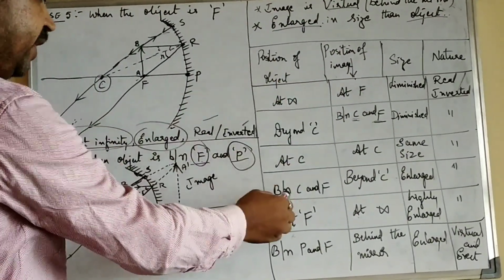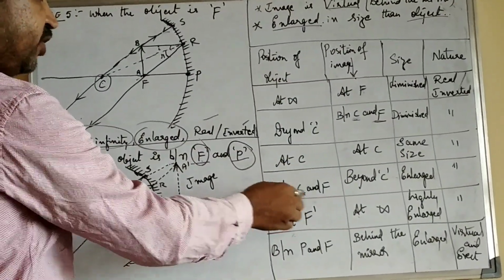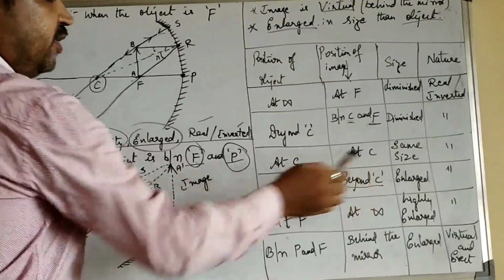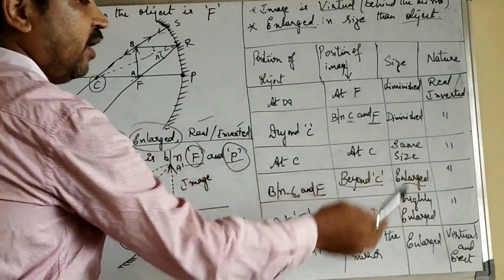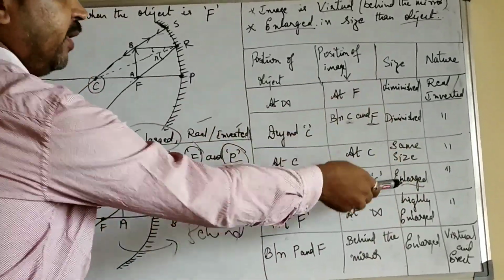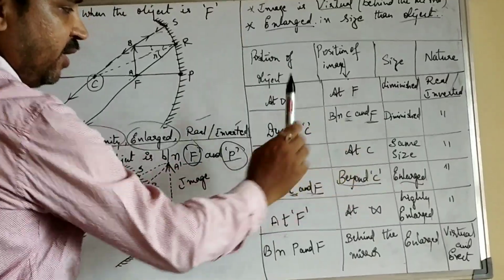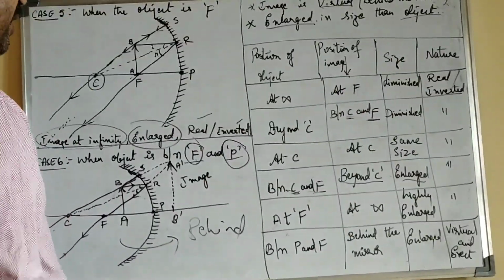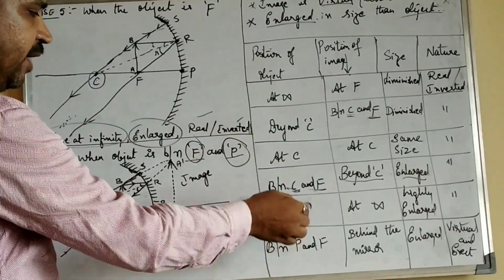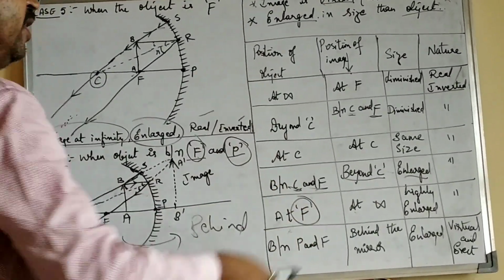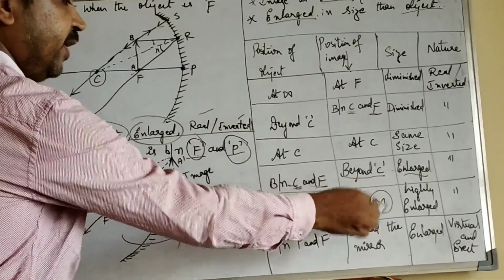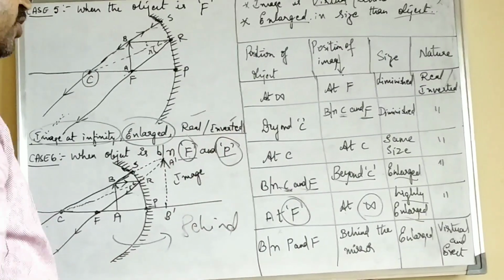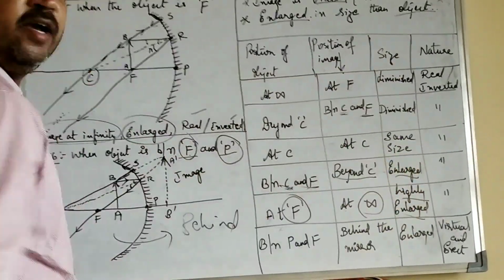Now, when the object is between the center of curvature and principal focus, the image is formed beyond C. The image is enlarged compared to the object, and the image is real and inverted. Now, when the object is at the principal focus, the image is formed at infinity. The image is highly enlarged, and the image is real and inverted.